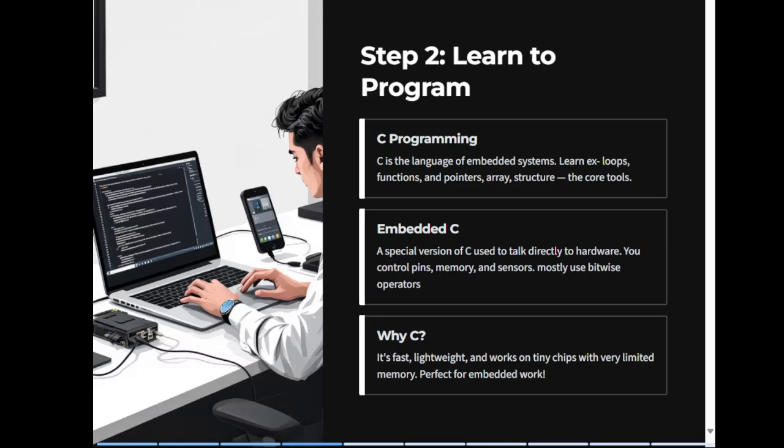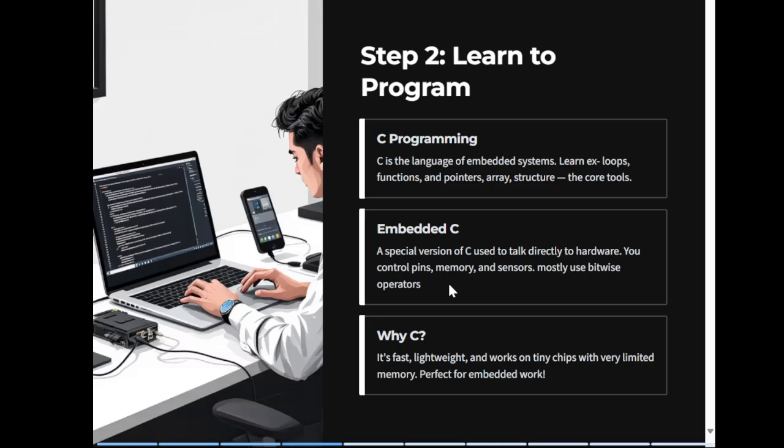In C programming, you have to learn loops, functions, pointers, arrays, and structures. These are the most important concepts you have to understand. And second is embedded C. Embedded C is similar to C, but in embedded C we focus on the bit level.